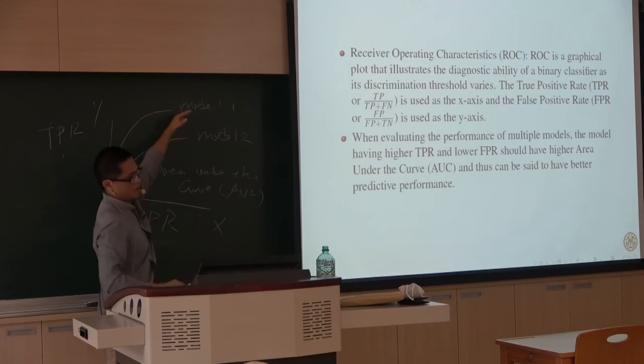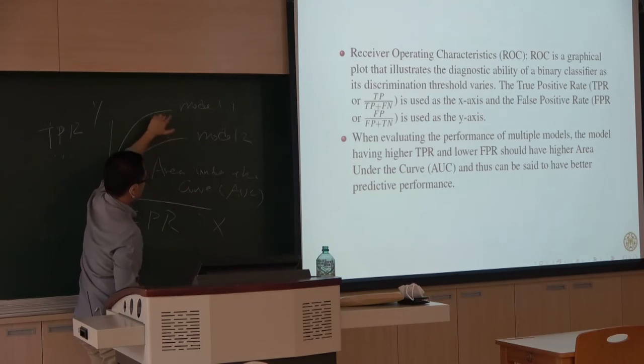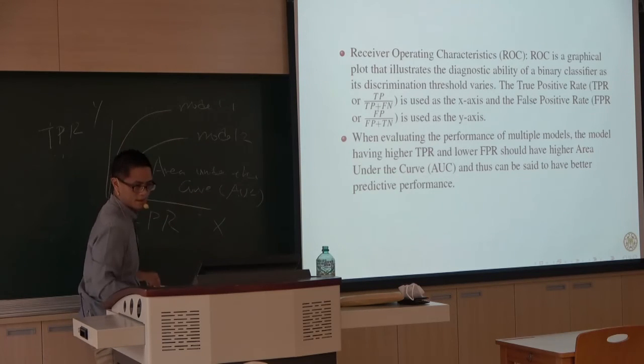Because model 1 has a higher AUC than model 2, okay? On the area under the curve.